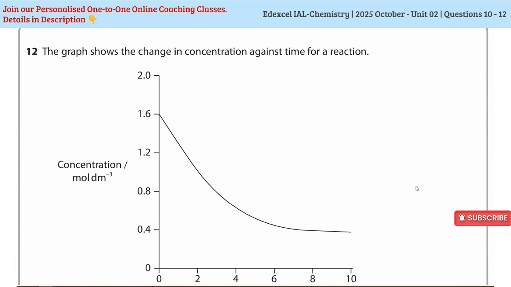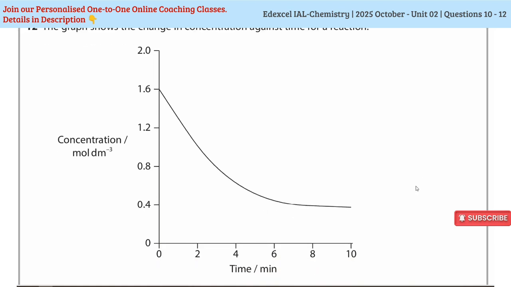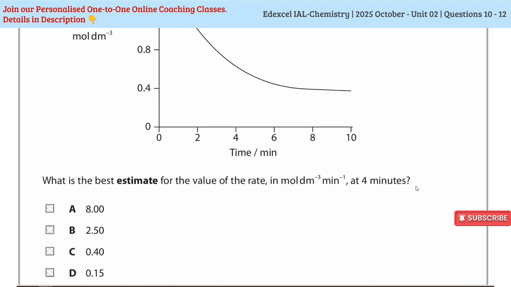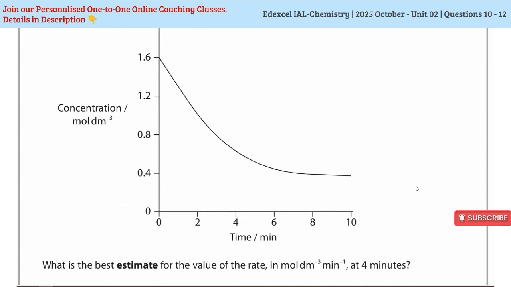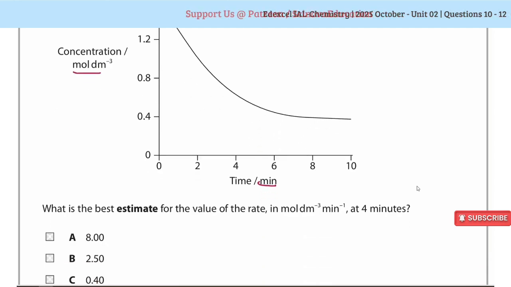The graph shows the change in concentration against time for a reaction. What is the best estimate for the value of rate in moles per cubic decimeter per minute? And the time scale is given in minutes. Concentration is given in moles per cubic decimeter, therefore no unit conversions are involved.